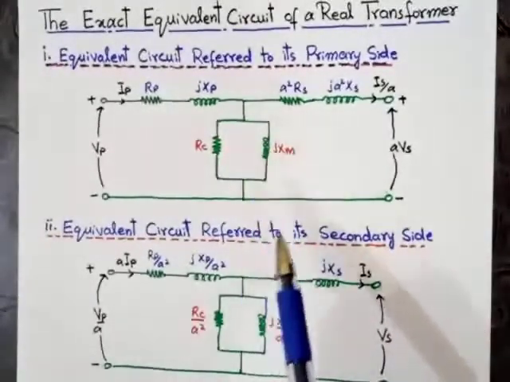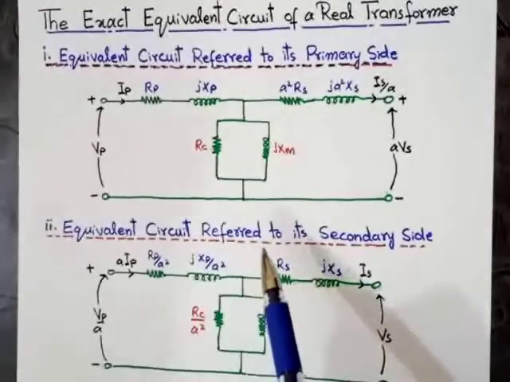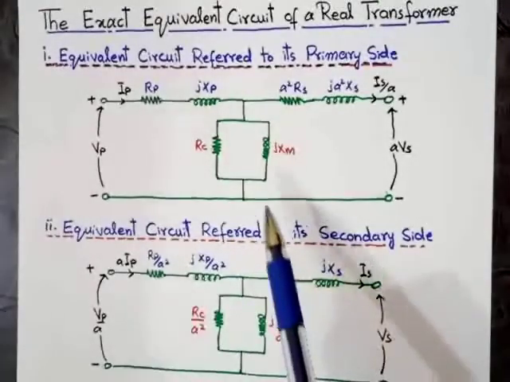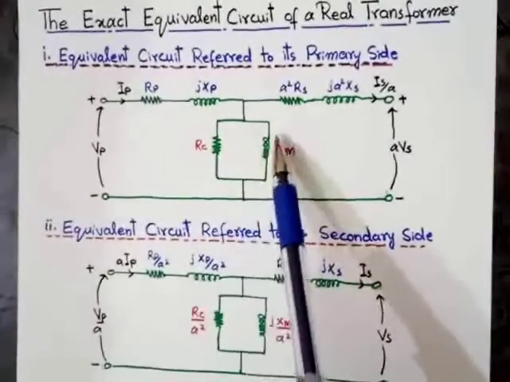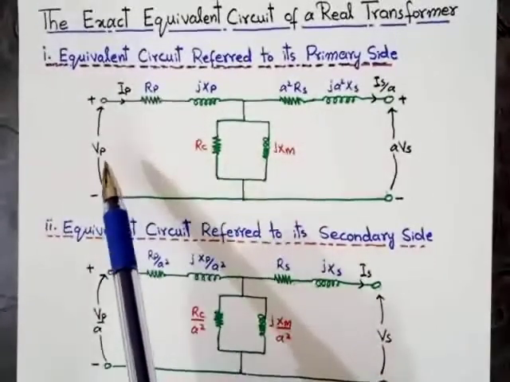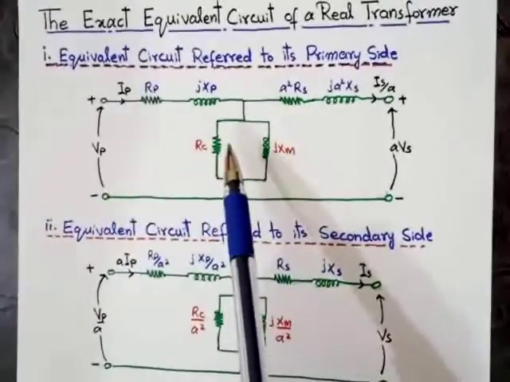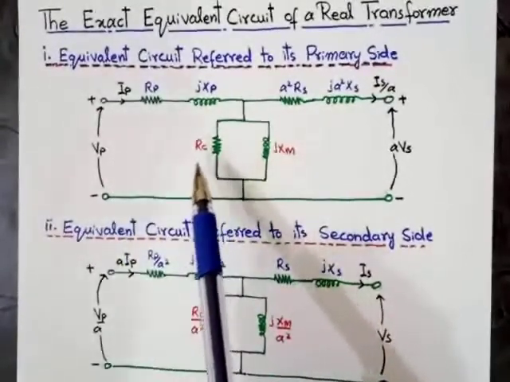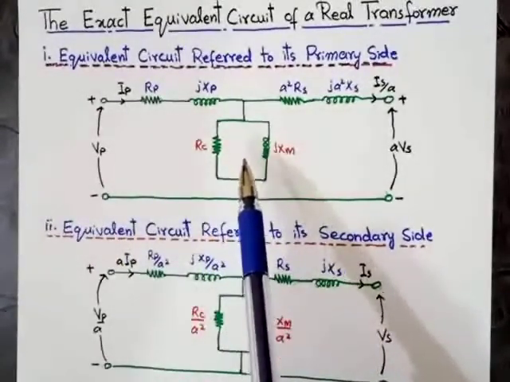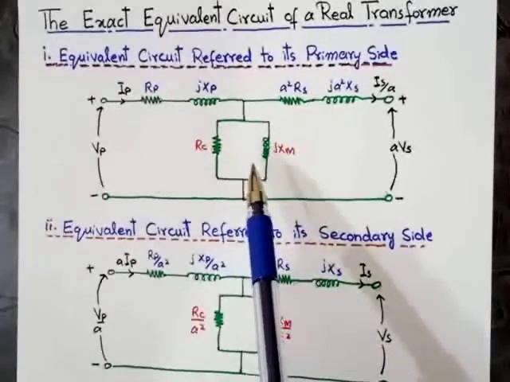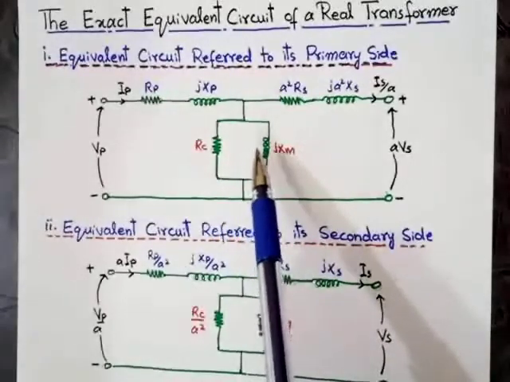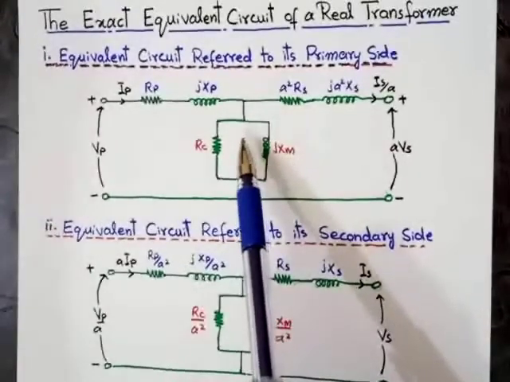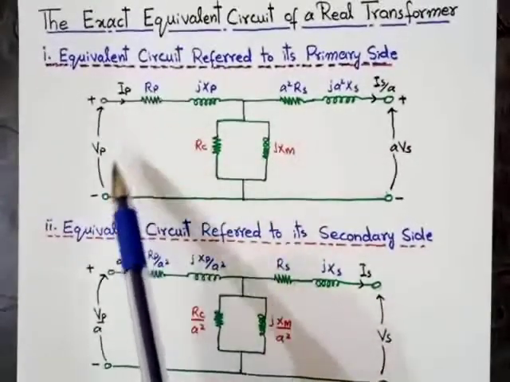Therefore, now we will draw the approximate equivalent circuit of the transformer, in which we transform this branch to the start of the circuit. Because the value of this branch is very small, the effect of this branch is nearly zero. That's why we can transform this branch to the start of this equivalent circuit.